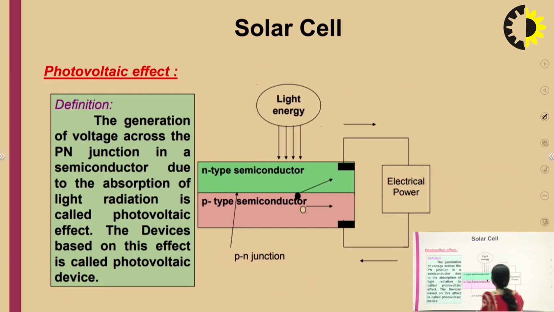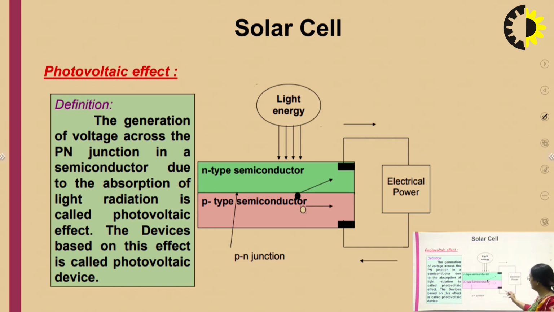So you can see here the photovoltaic effect, the generation: light energy is falling on the upper surface of the N type semiconductor, and the two conductors are there, P type and N type, and a layer is formed in between. The junction is called the p-n junction.